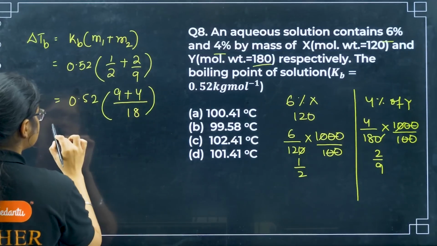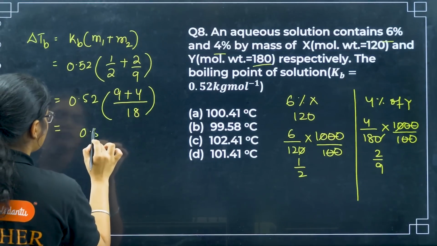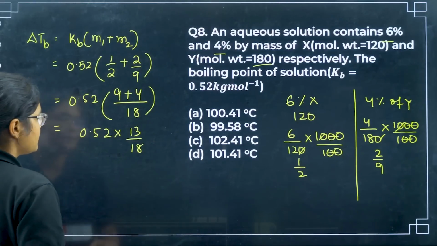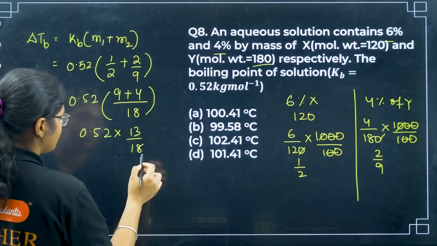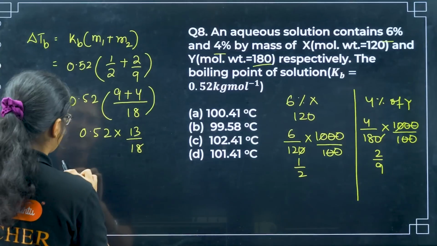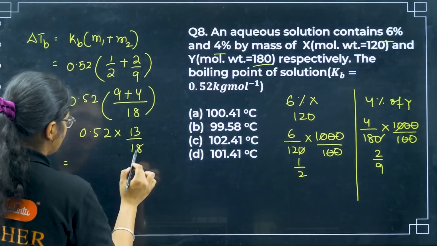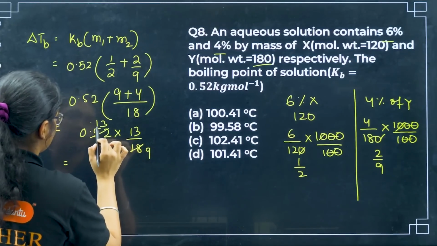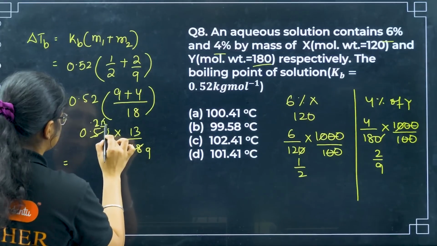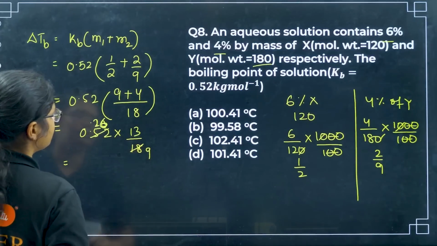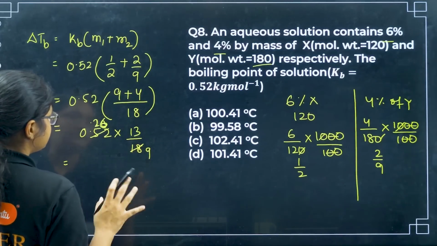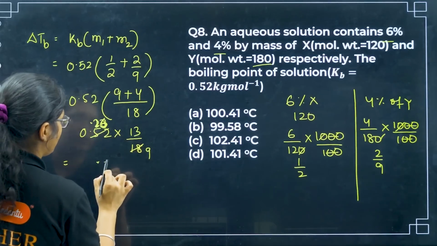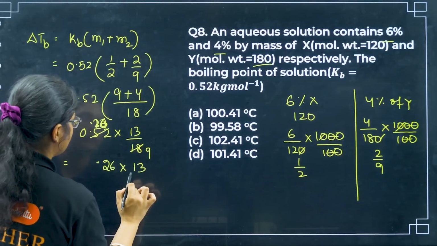So I will get 0.52 into 13 by 18. Can we solve this? 2 9s are 18, then 2 13s, sorry, 2 2s are 26, so I will get 0.26. If I do a rough calculation, taking it as 0.27, this is 0.26 into 13 by 9.